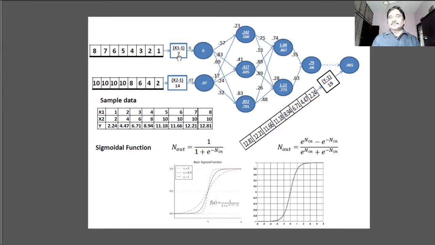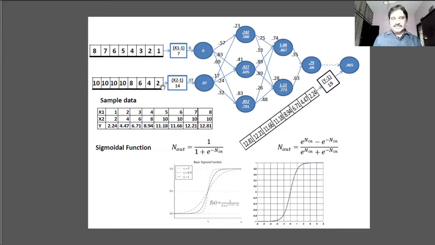Divided by 7, 0 divided by 7 will give you 0, and 8 minus 1 is 7. 7 divided by 7 will get you 1, and all the values in between 1 and 8 will give you a value greater than 0 and less than 1. That is how we map the given data to values between 0 to 1. So this is a processor to convert this data to values between 0 to 1.